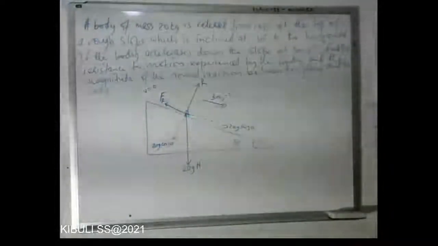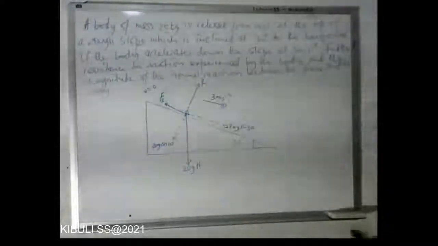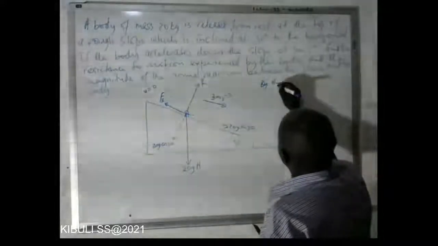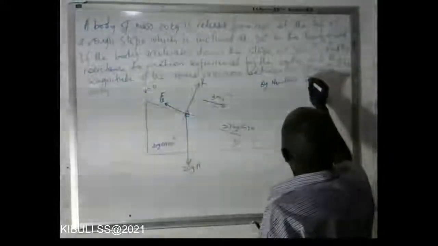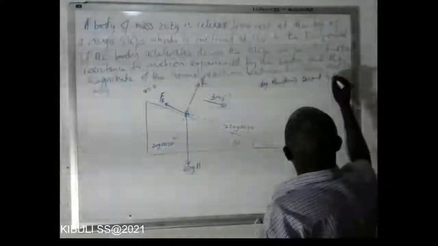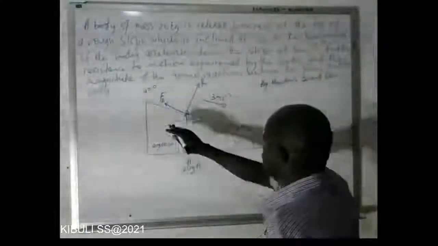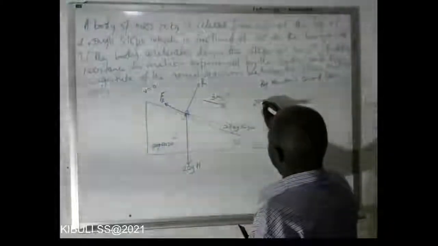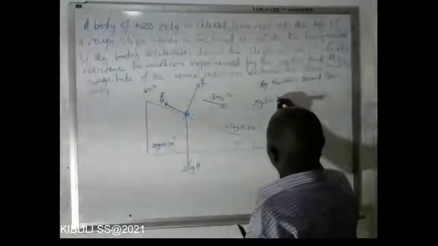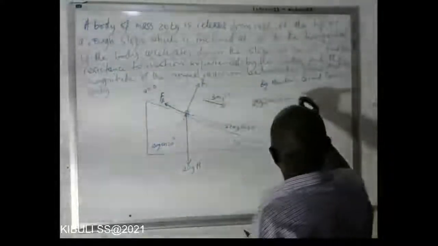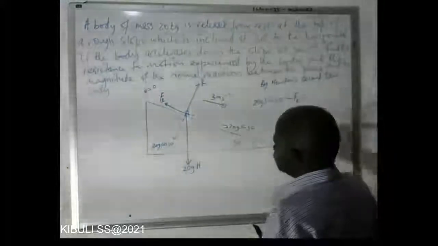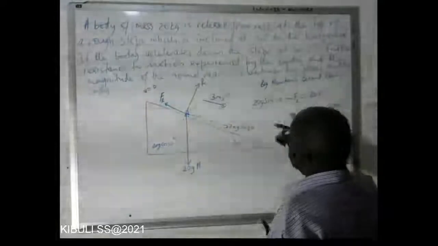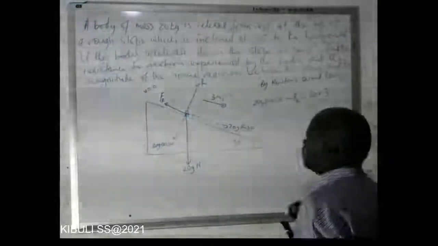Now, to find this force, we must apply Newton's second law. The resultant force is equal to the mass, which is moving, times the acceleration. So by Newton's second law, the resultant force here, since the body is moving down the plane, is given by 20G sine of 30 minus the resistance, which is Fr. It will be equal to the mass, which is 20, times the acceleration, which is 3.